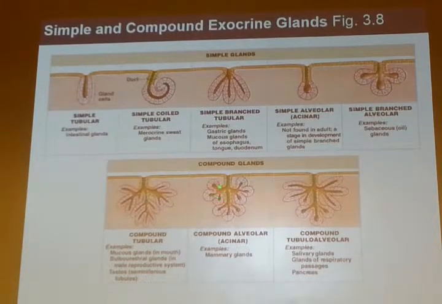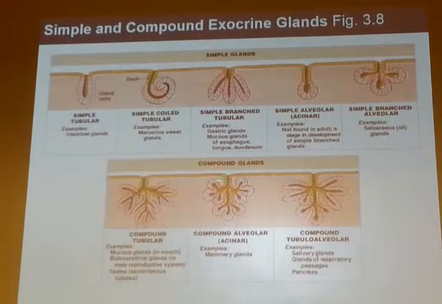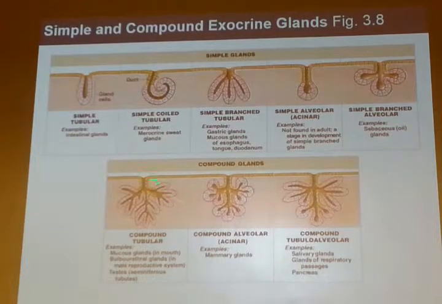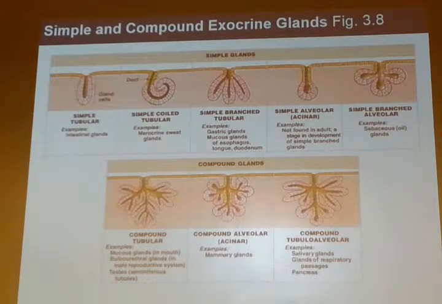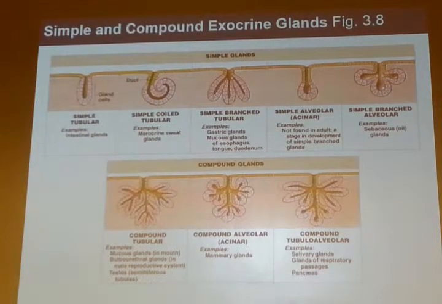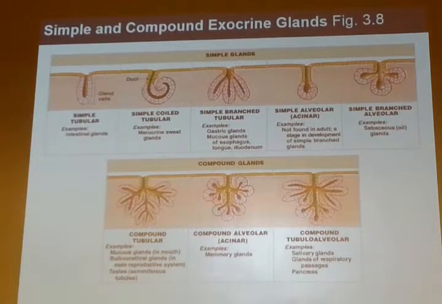You have to look to see this is a little darker than this, and the secretory cells are bigger. If those small little cuboidal cells extend down below, then more than likely this is a compound gland as opposed to a simple gland. And know where, from this slide, they could be located.